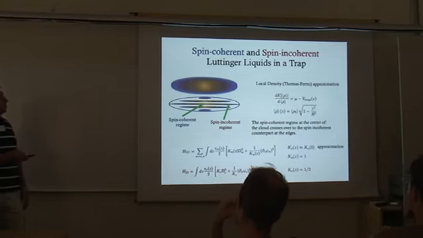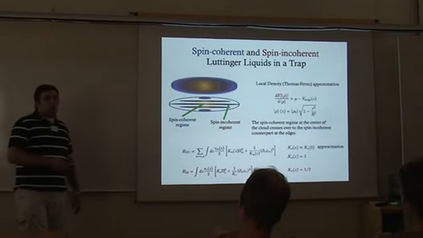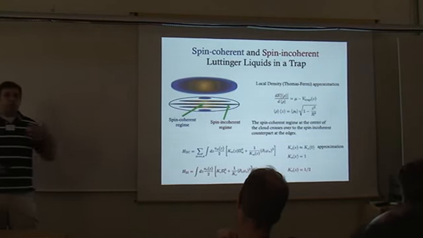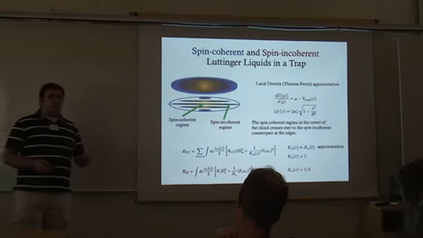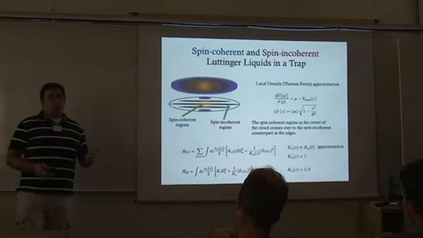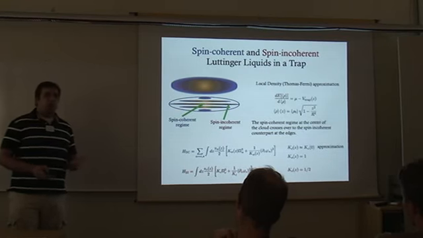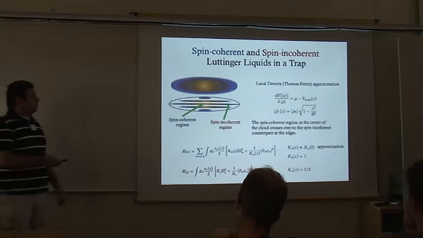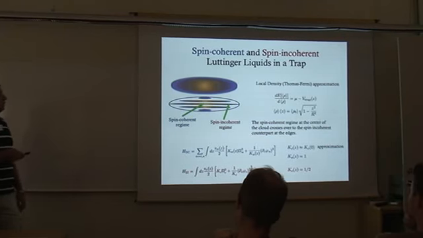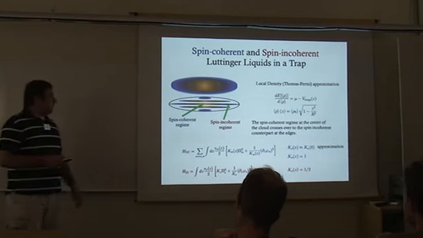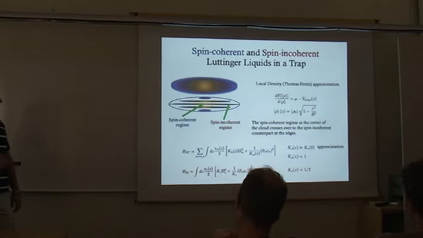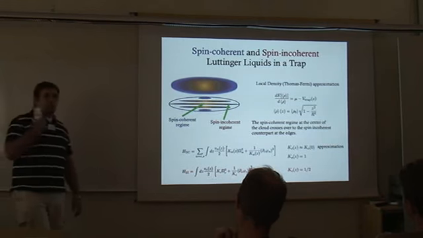And near the edges, the density is so small that it inevitably will reach the spin-incoherent regime, because the spin exchange, or the velocity for the spin excitations, goes to 0 there. So one can say that at the edges it's spin incoherent, in the center it's spin coherent. And I then write the Hamiltonians in different regimes in a way that takes into account this non-uniform nature.